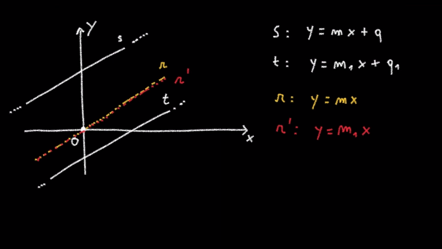If it's not clear why a line passing through the origin and parallel to another has this kind of equation, please refer to the link in the description.